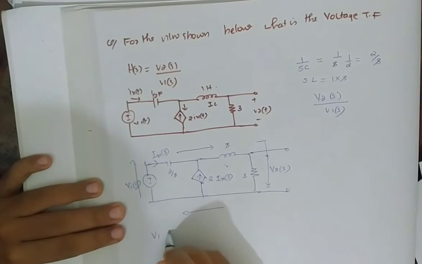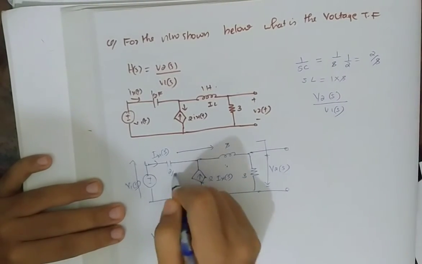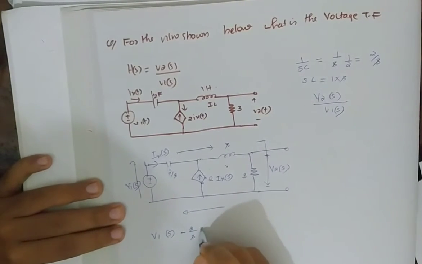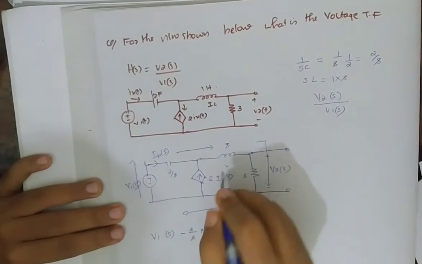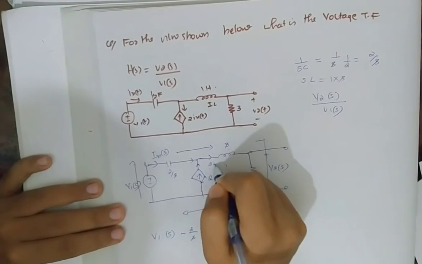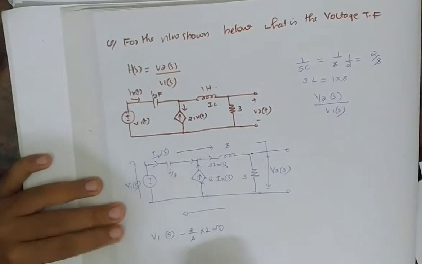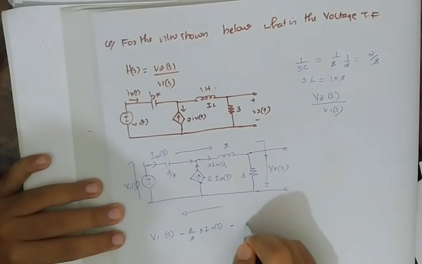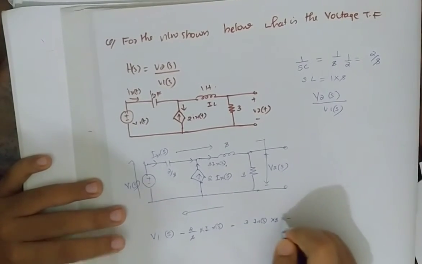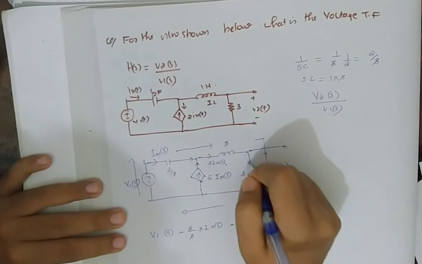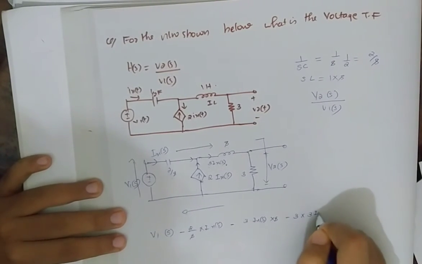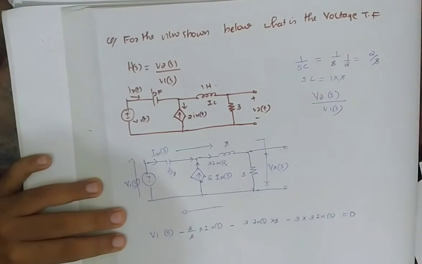It will be V1 of S minus the current going through 2 by S is Ix of S, so 2 by S into Ix of S, and these currents are joining together. So the current flowing through this will be 3 into Ix of S. So it will be 3 Ix of S into S minus, again it will be 3 Ix of S that is going here only, so 3 into 3 Ix of S equal to 0.